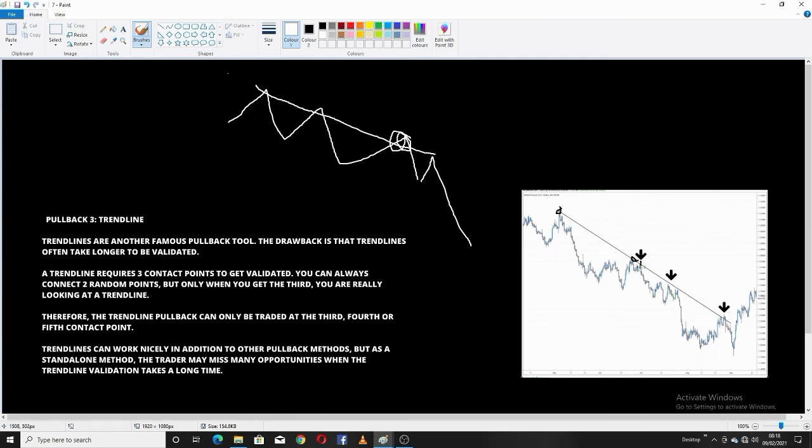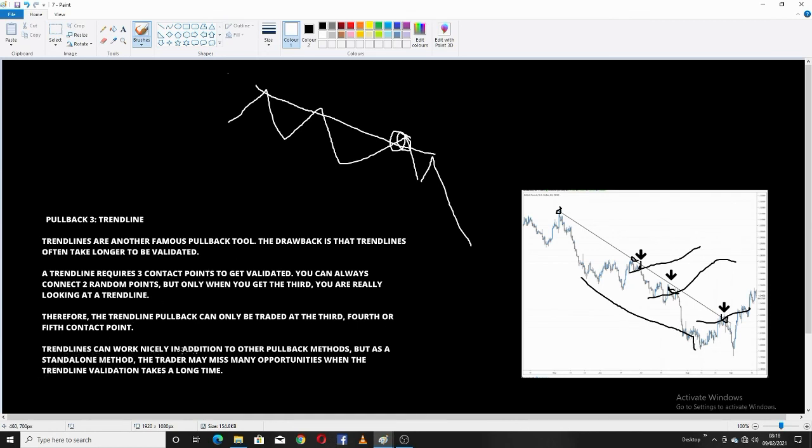You can look for the sell on the third touch, the sell on the fourth touch, and another sell on the fifth touch. So you can get 3 profitable trades by just one trend line.